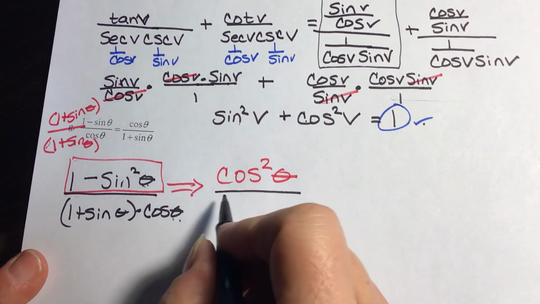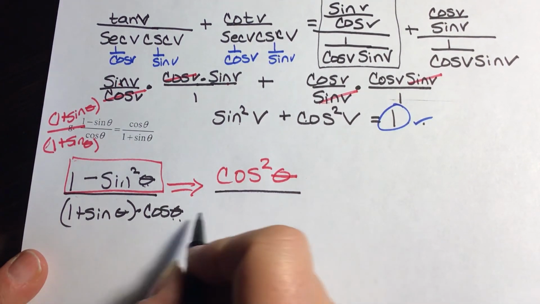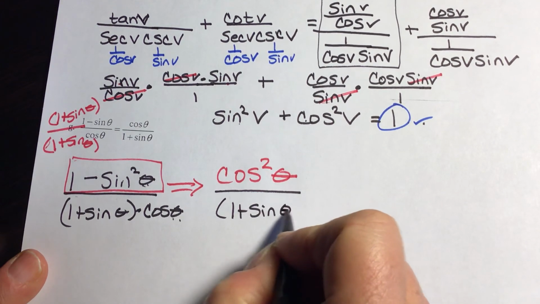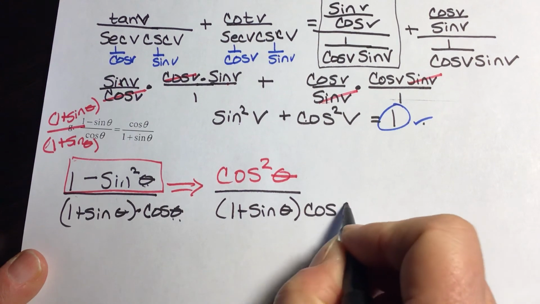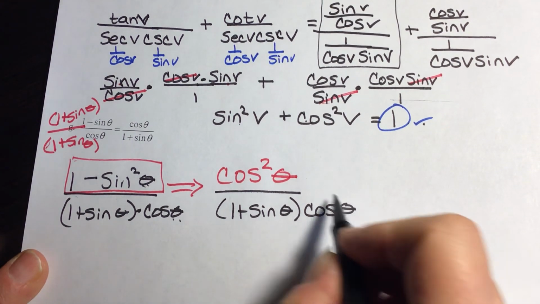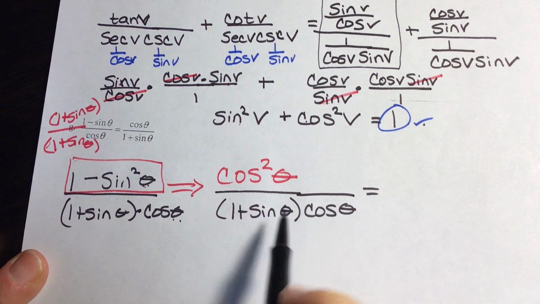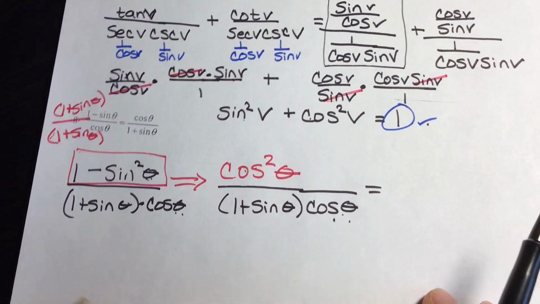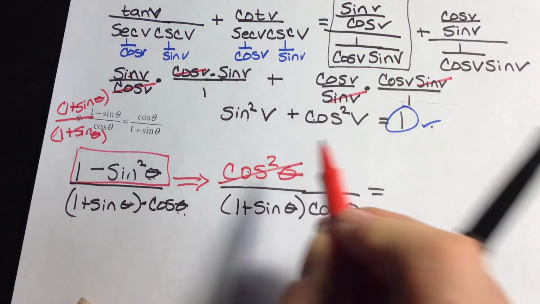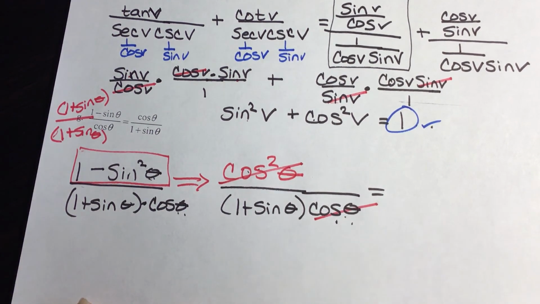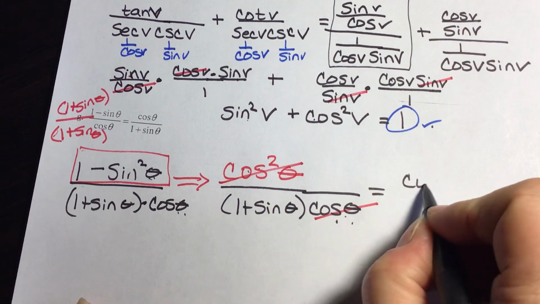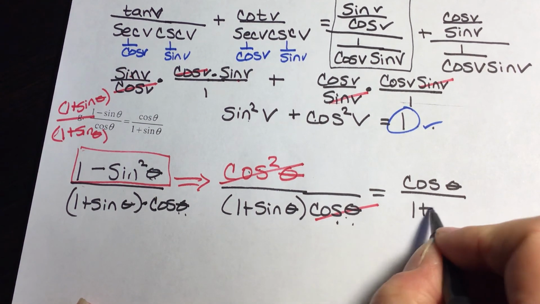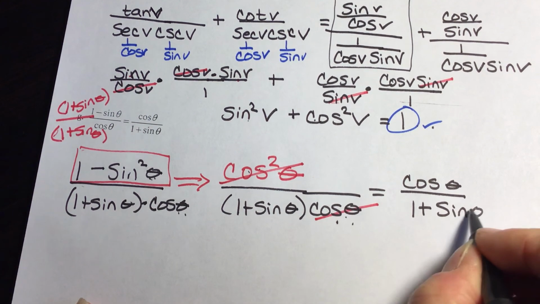So if I were to just keep the same denominator, notice I have a cosine factor on top and bottom. So I'm going to cancel one of the cosines on top, and I'm left with cosine of theta over 1 plus sine theta.